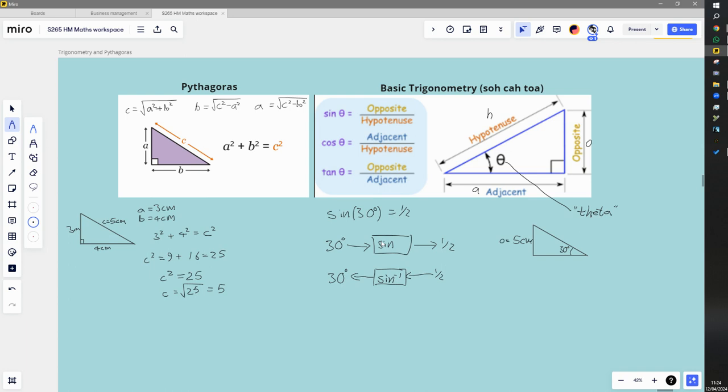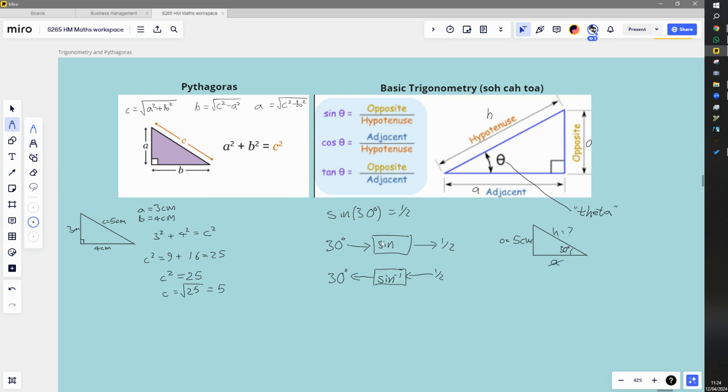I've been given the opposite, and I want to work out the hypotenuse, but I don't know anything about the adjacent, and I also am not being asked to find out anything about the adjacent.